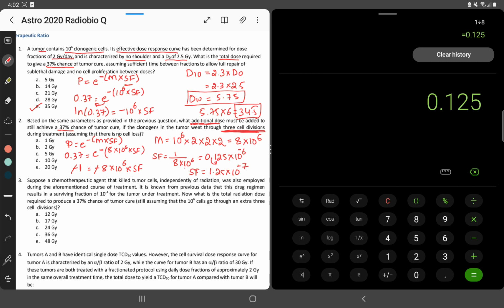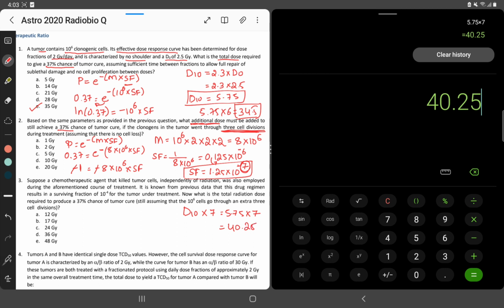So the decades of cell kill is 7. So we have to multiply again the D10 with 7. So that is 5.75 into 7, which gives us 40.20.